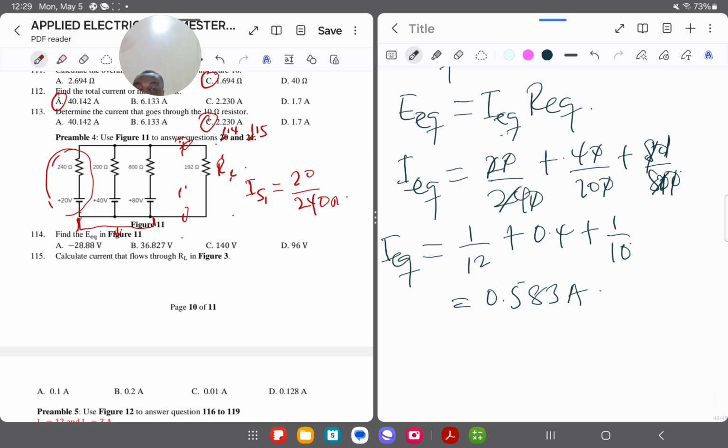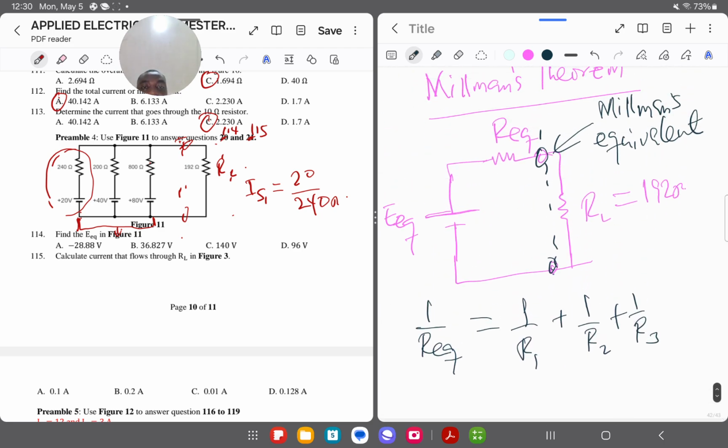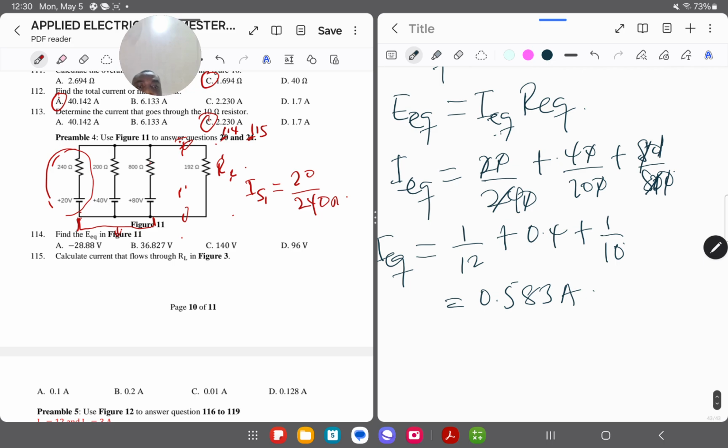Because if you look at the problem here, we are asked to calculate the current that flows through the load resistance, and to get that we have to get the Millman's equivalent. We just got the current, so now let's get the equivalent voltage.